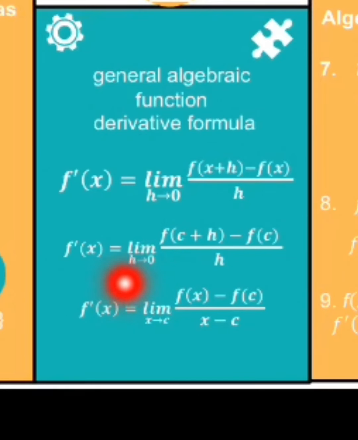Sorry, I'm wrong. F of c plus h minus f of c over h. 3. F prime c equal lim x approach c of f of x minus f of c over x minus c.